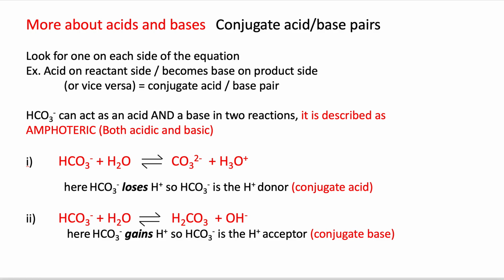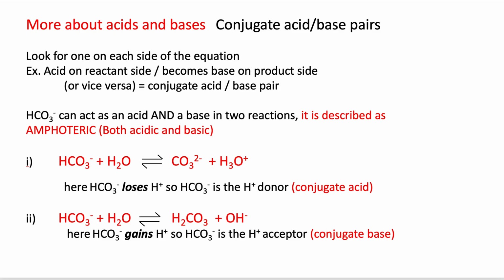And if you look at number 1, the hydrogen carbonate ion, when it's in the presence of water, it actually loses a proton, so it's a proton donor here. It's an acid, and it becomes a carbonate ion.